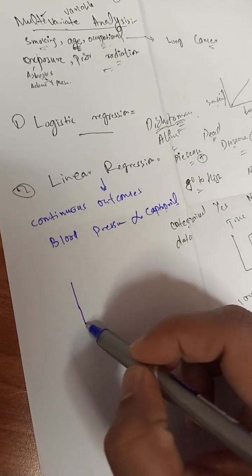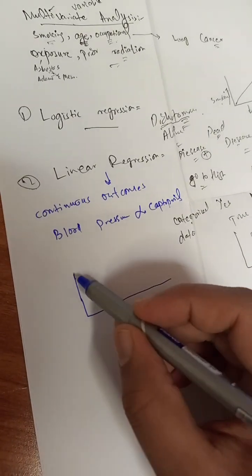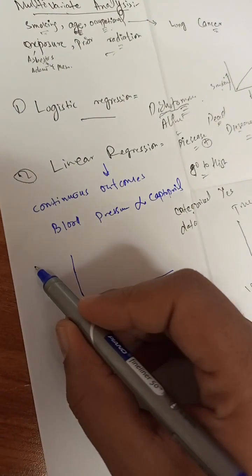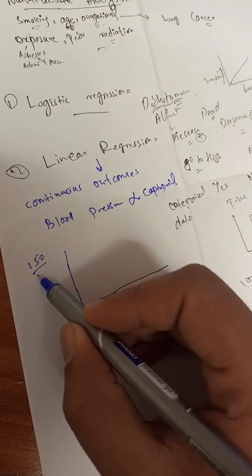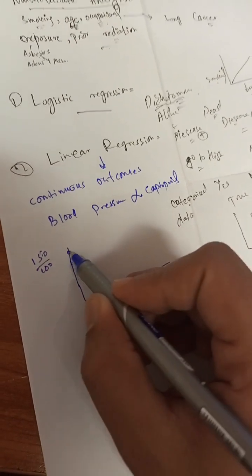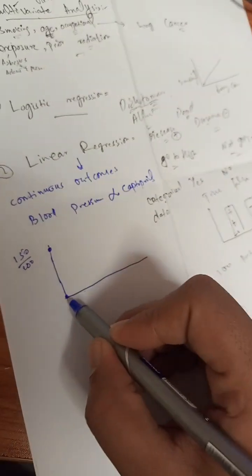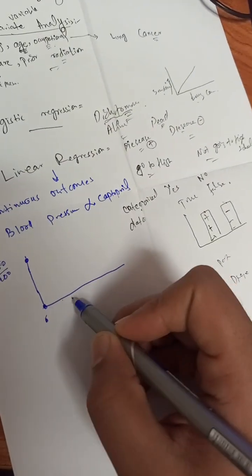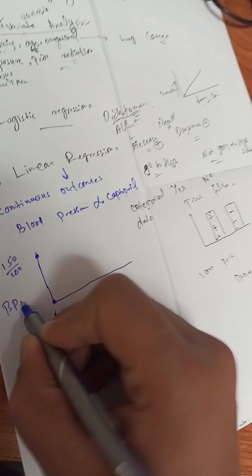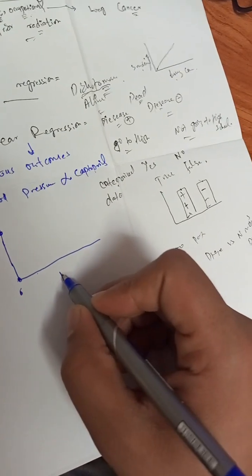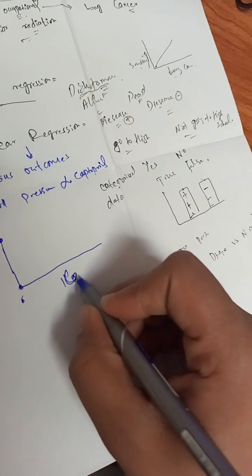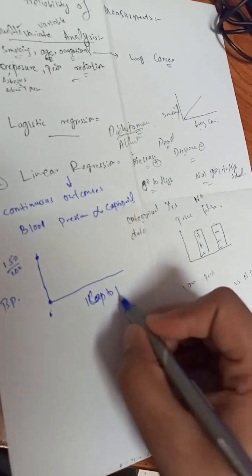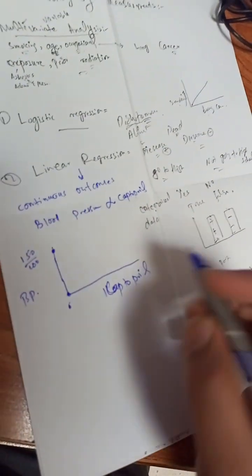How? If we take an example of a high blood pressure patient having 150 by 100 BP at this point, and we haven't given any captopril tablet, this is 0. Here we take the blood pressure on the y-axis, and the captopril on the x-axis.